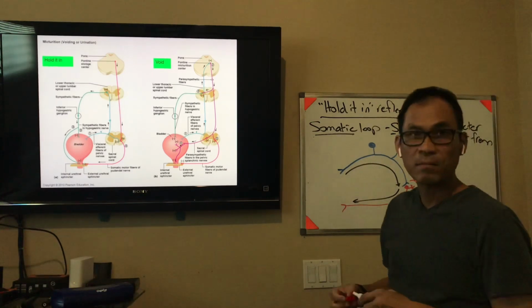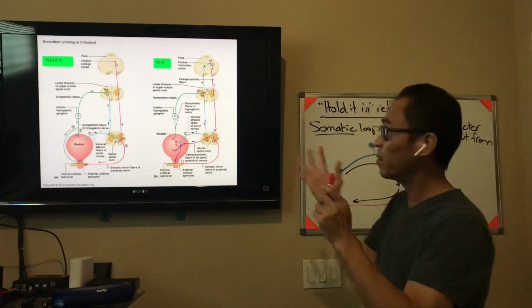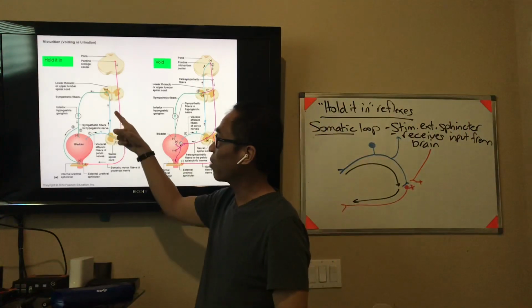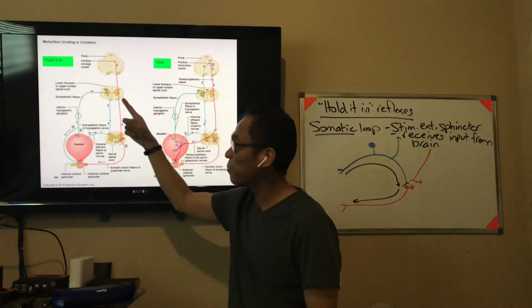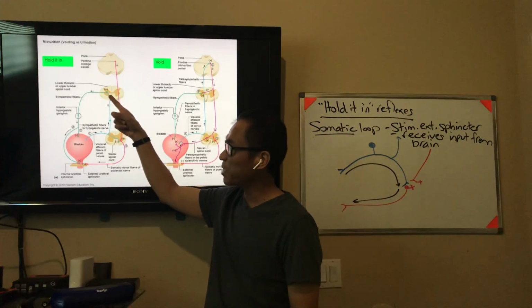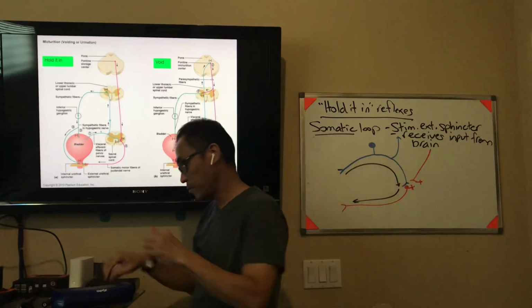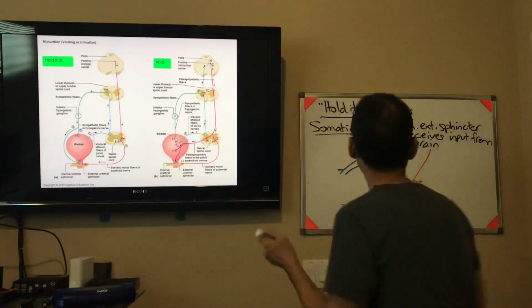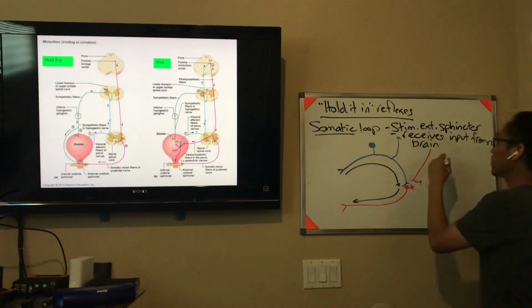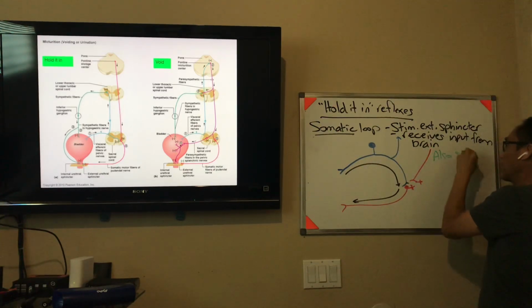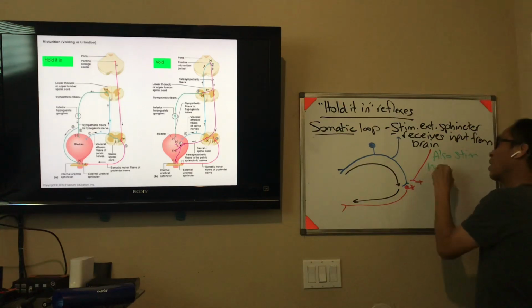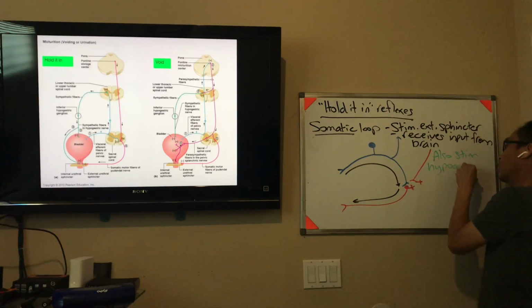Know that. And what's the other thing you've got to know? Know this other one going up there, synapsing onto hypogastric. So that plus sign, you stimulate hypogastric. What does hypogastric do? Also, separate from the somatic loop, stimulate the hypogastric nerve.